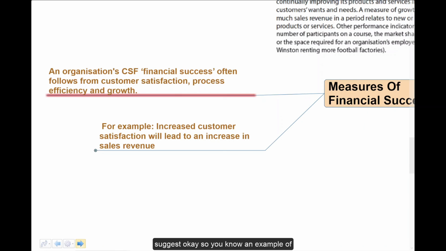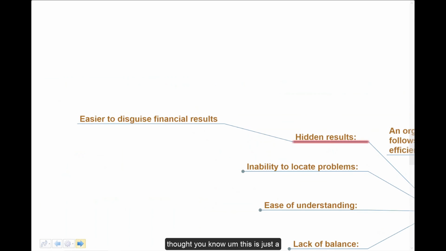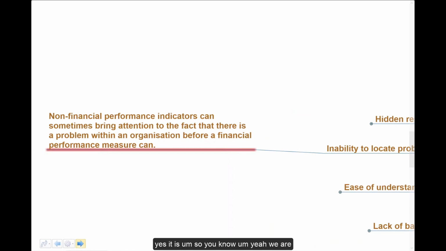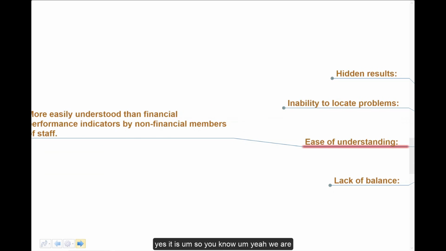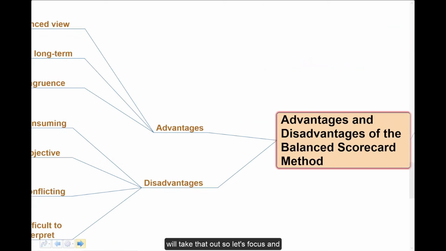So an example of that, increased customer satisfaction clearly has to lead to increases in sales revenue, I would have thought. This is just a reiteration of what we saw down below. Yes, it is. Okay, so that shouldn't actually be there. My apologies. I will take that out.